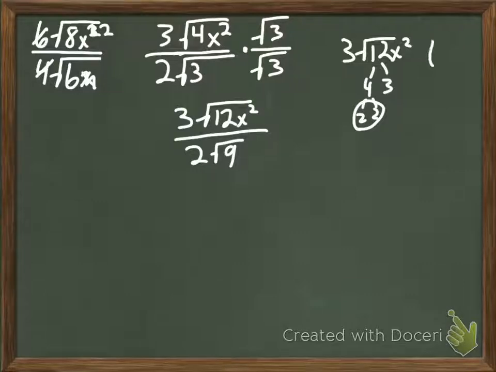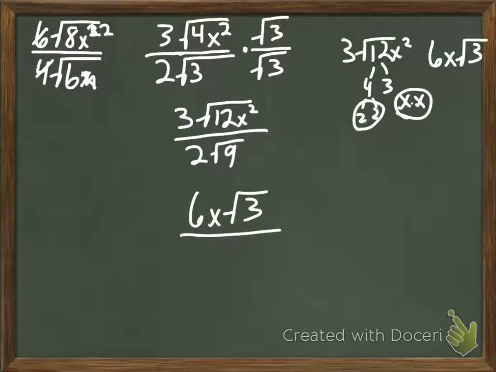So this becomes 6 x times x, x. So the top becomes 6x square root 3 over, that square root of 9 turns into a 3, so we get 2 times 3 in the denominator, and we get 6. Now we look again. Hey, this 6 and this 6 cancel, so we get x square root 3.